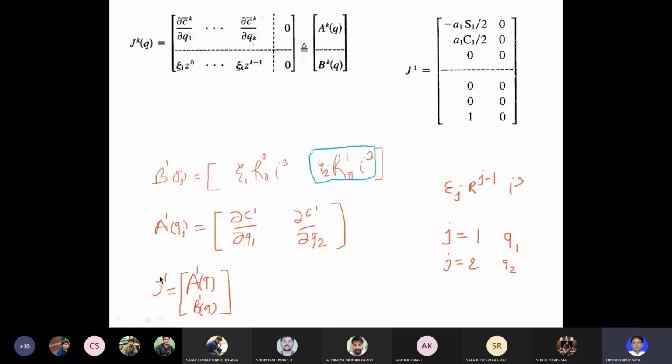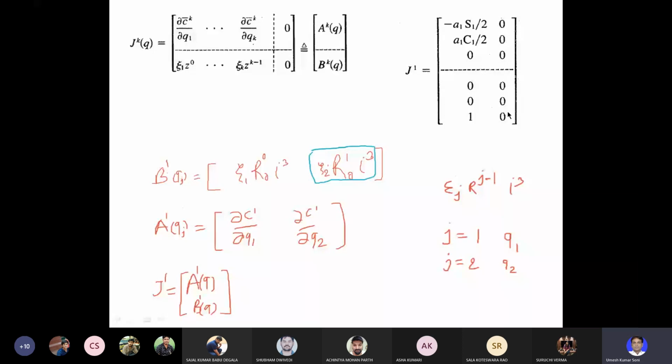This J1, Jacobian of the first link, is defined as this. Here all the elements will not be equal to 0. Suppose we are considering the J1, link 1. So for the link 2 and above, these vectors will be 0. So if you have 3 link robot and you are only getting the Jacobian for link 1, then second and third vector will be 0.